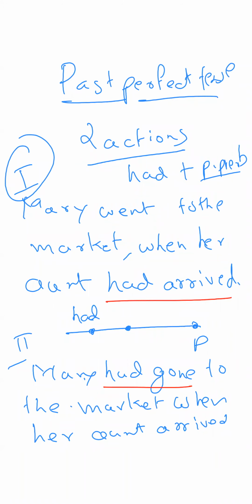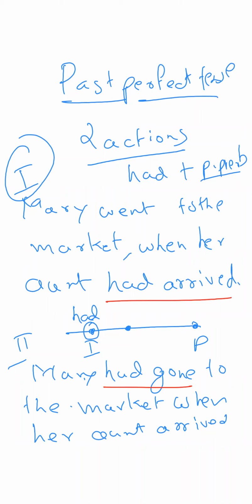So that's why you use the had, because the aunt had just arrived when Mary went to the market. Which one happened first, Krish? The aunt had arrived. And in the second sentence, which one happened first? Mary had gone to the market. Correct. Very good.